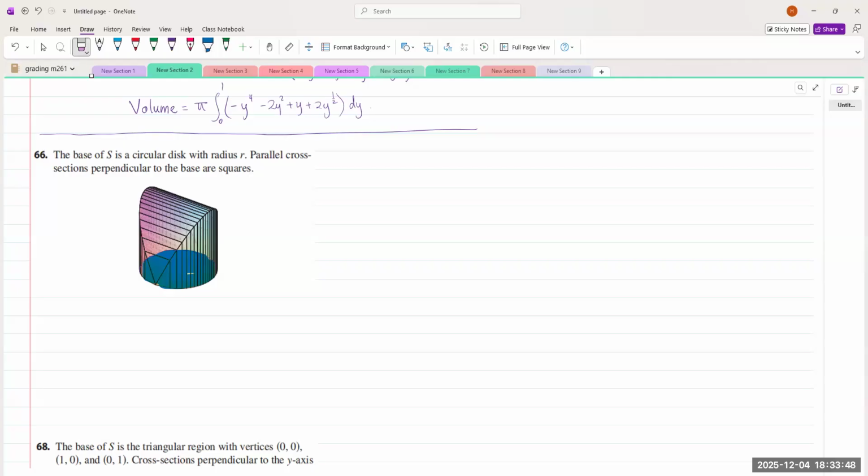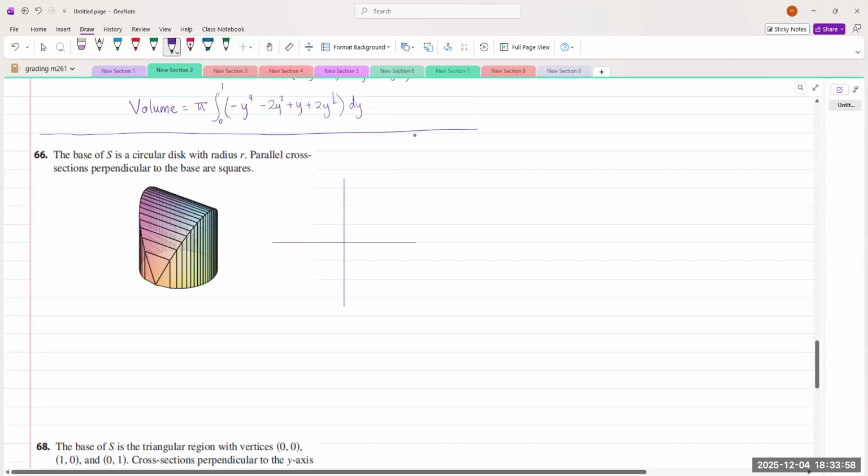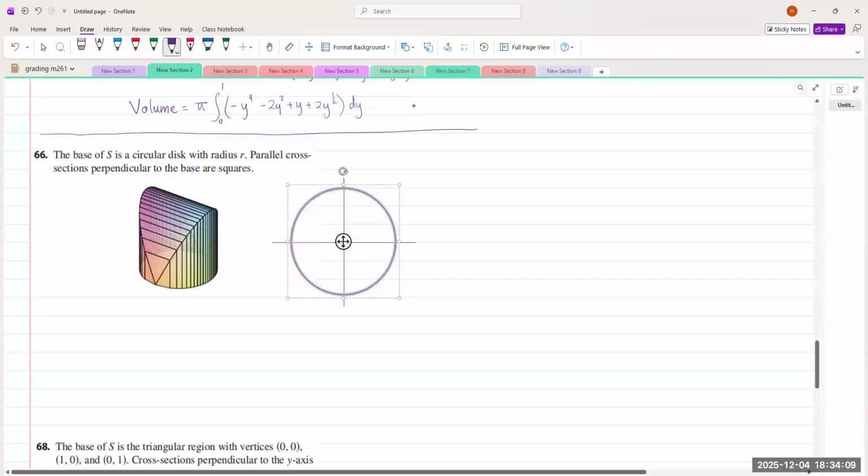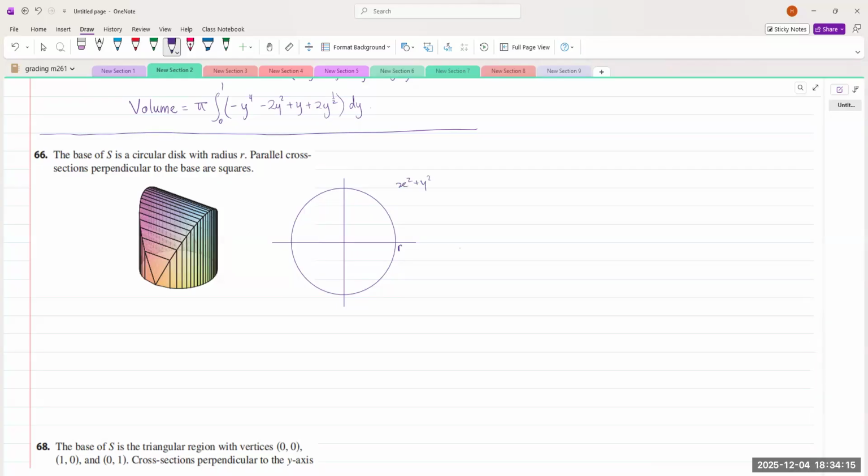If we see this solid from above, it's actually a circle with radius r. So the equation must be x squared plus y squared equals r squared.